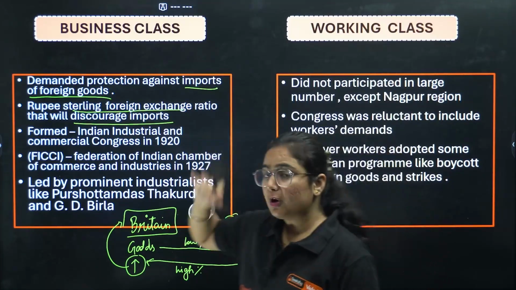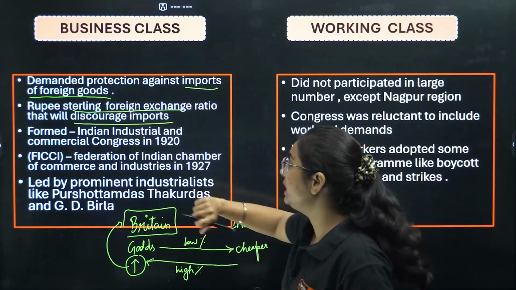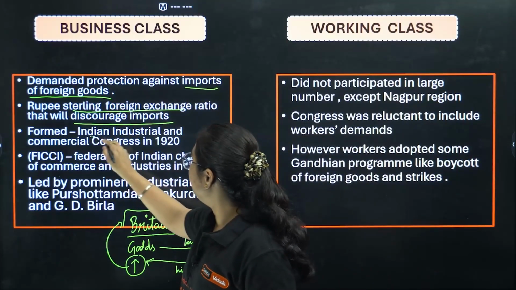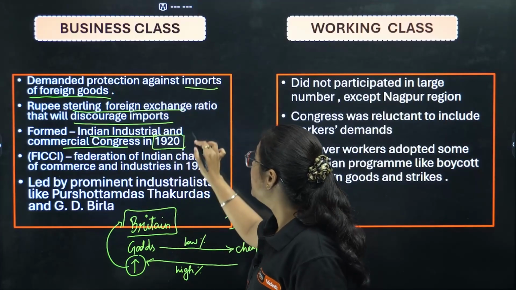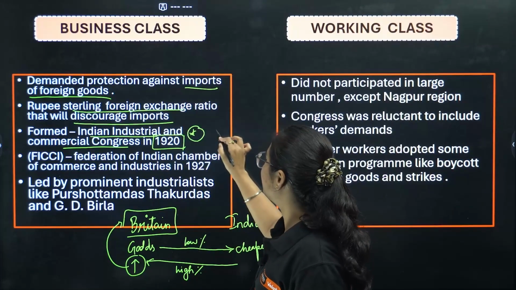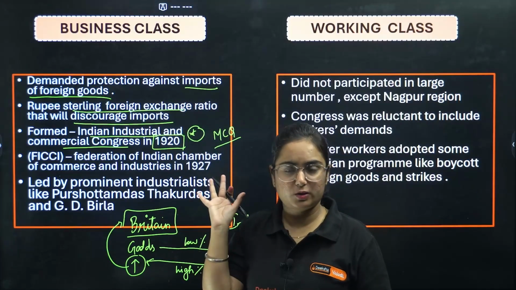Okay. So, in response to this, the business class formed various associations. The important among them is the Indian Industrial and Commercial Congress in the year 1920. Do remember this year because this can come as an MCQ, a multiple choice question.